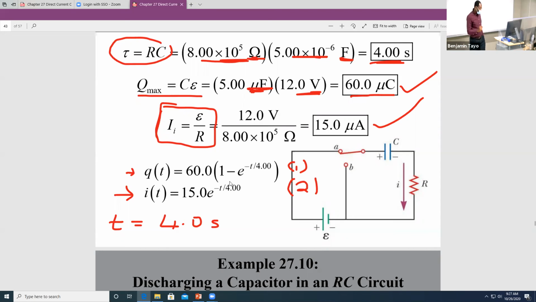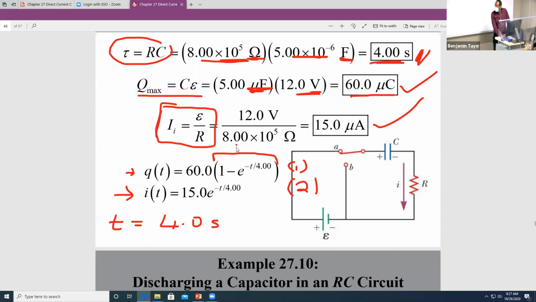Again, remember what the time constant means. The time constant tells me how much time the capacitor is going to take to charge up to about 62, 63%. For example, if someone has a calculator, let's calculate this quantity and see. What is 1 minus e to the -1?